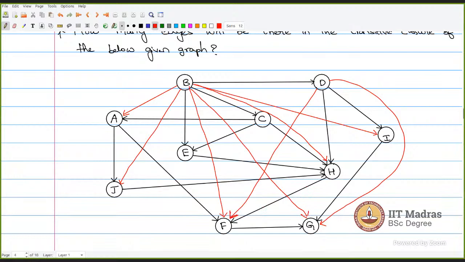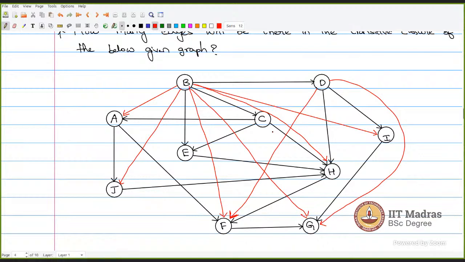Those are just a drawing, not outward or inward. I can draw from inside also, but it will look much more complicated. So yeah, D to F. I guess we are done with D because I cannot reach E, C, A, or J.